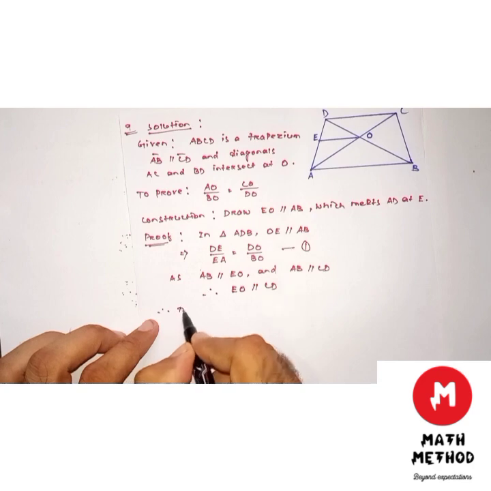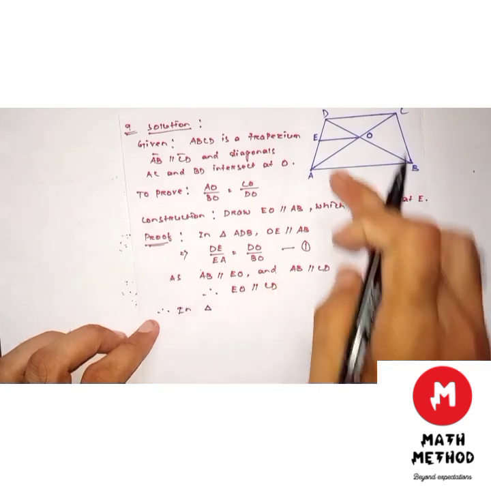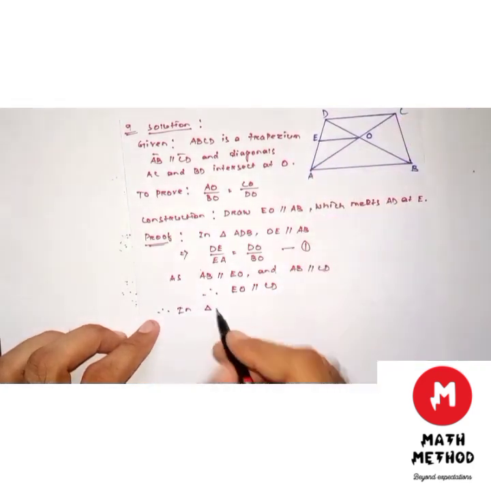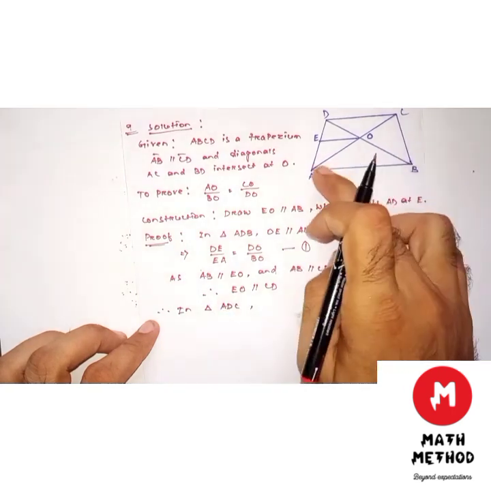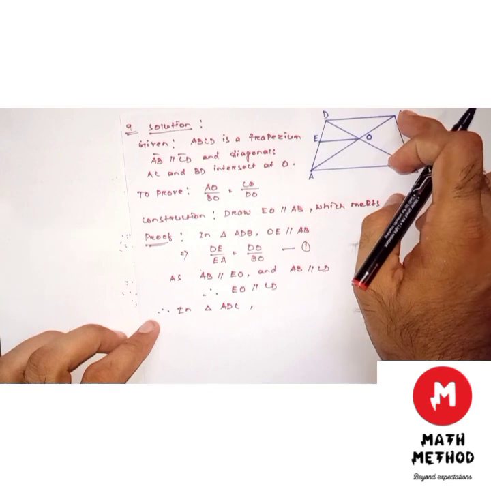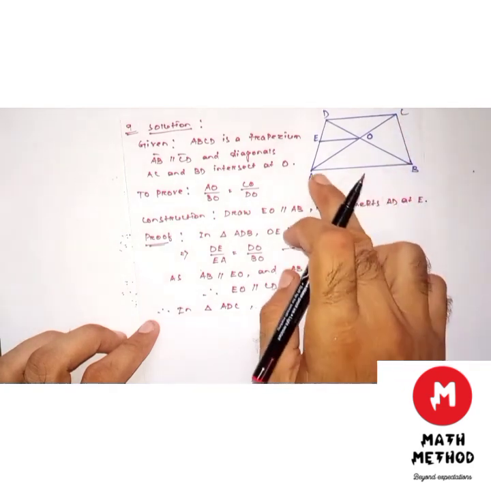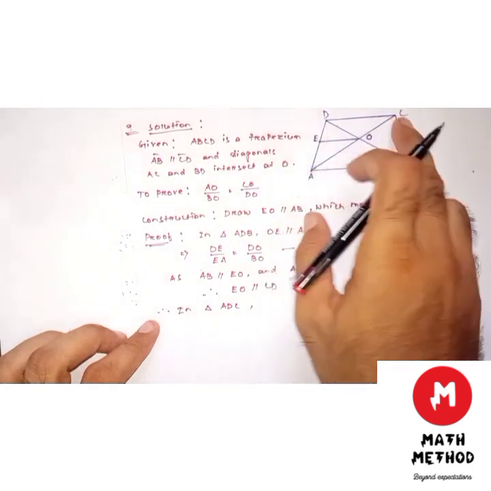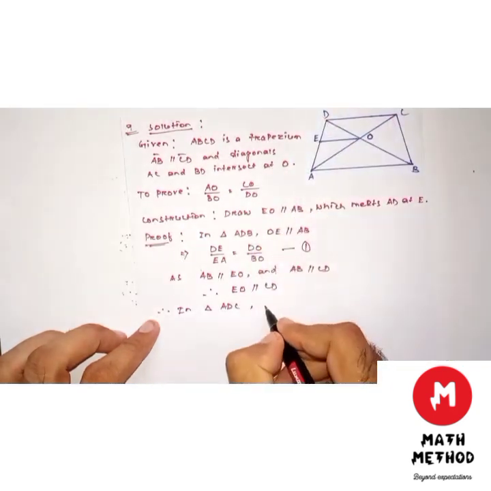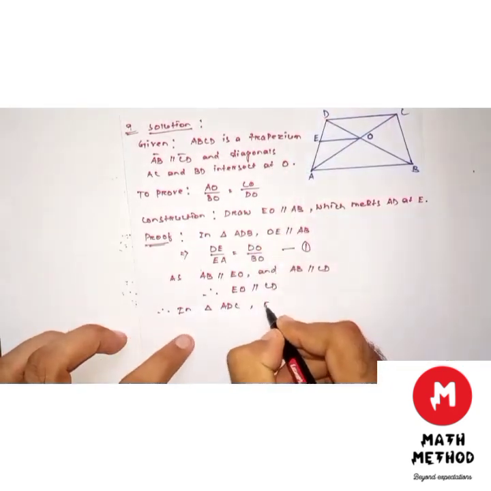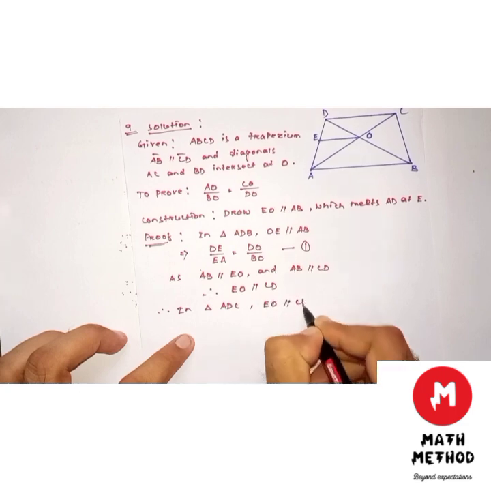Therefore, now in triangle ADC, OE is parallel with DC, or EO is parallel with CD.